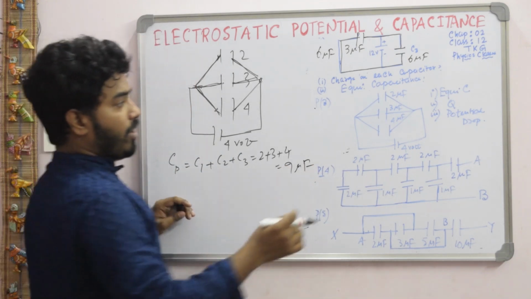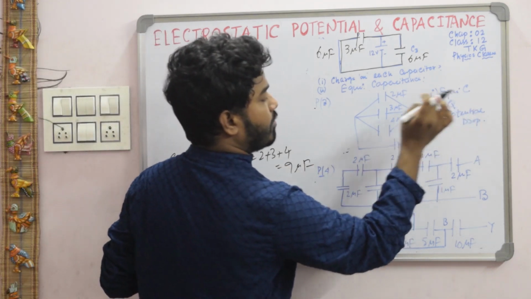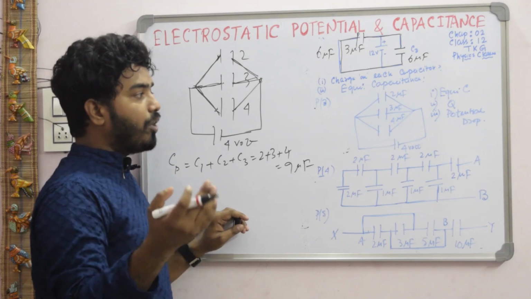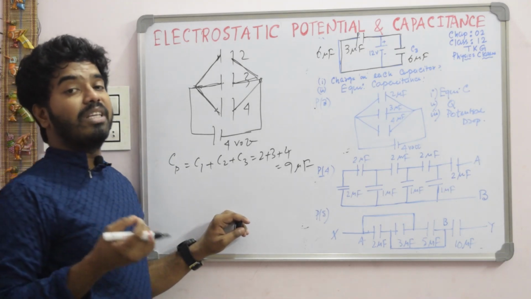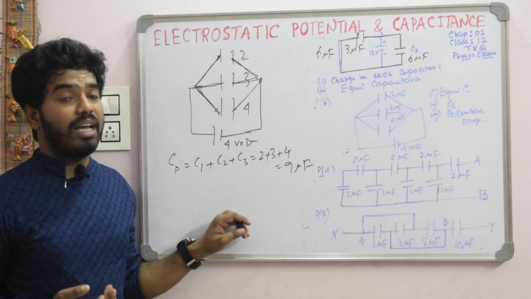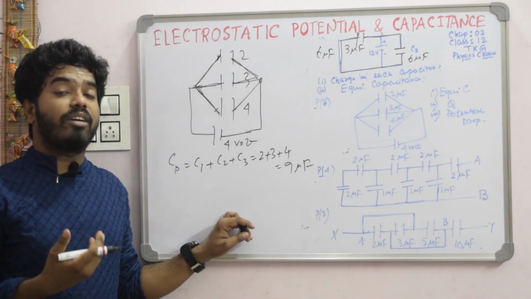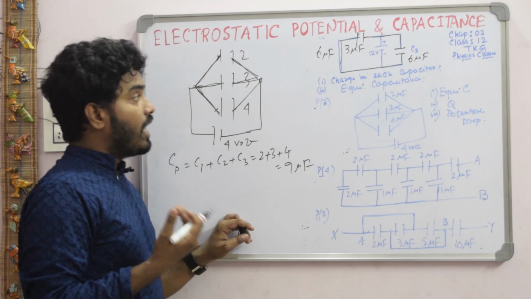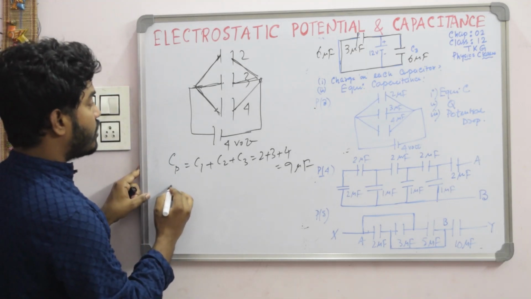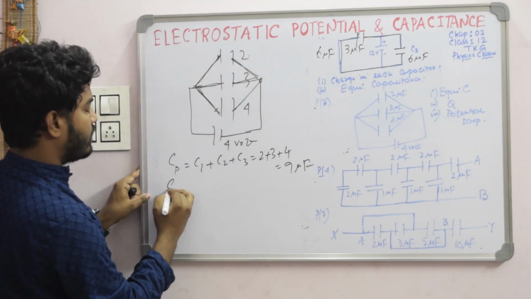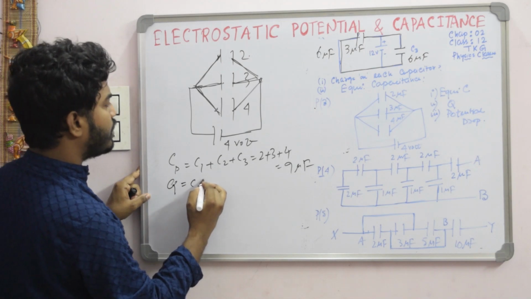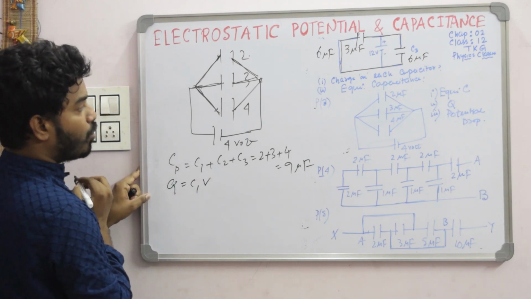Now you have to find the charge on each capacitor, and you know charge remains the same in series combination. Here these capacitors are connected in parallel, so the charge across each capacitor will be different. And what will be the charge? Charge across 2 microfarad, that is Q equals C1 into V. Why V?